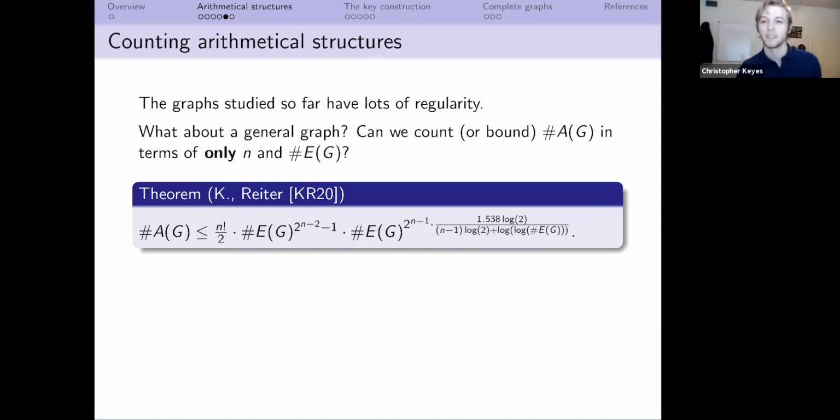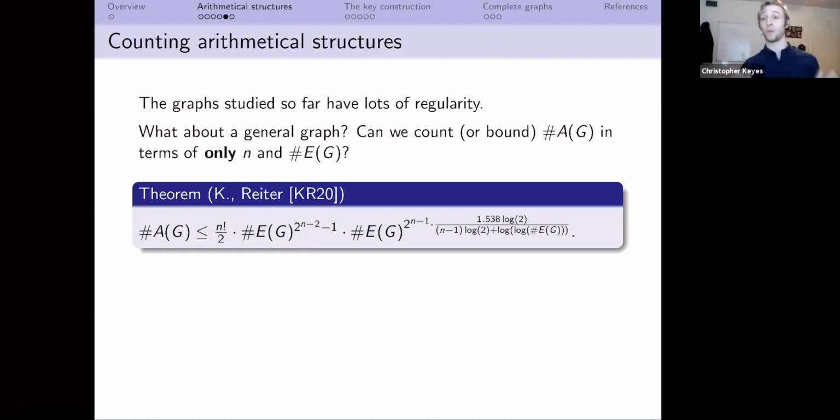But on the other hand, it's better than nothing, which is what we had before for the general case. How does it compare to the Catalan number bound from the special case earlier? Well, yeah, great. So if we have a path, say, in the case of Pn, this EG would be equal to n minus 1. So we'd be looking at n factorial times n to some nasty power, also including n.